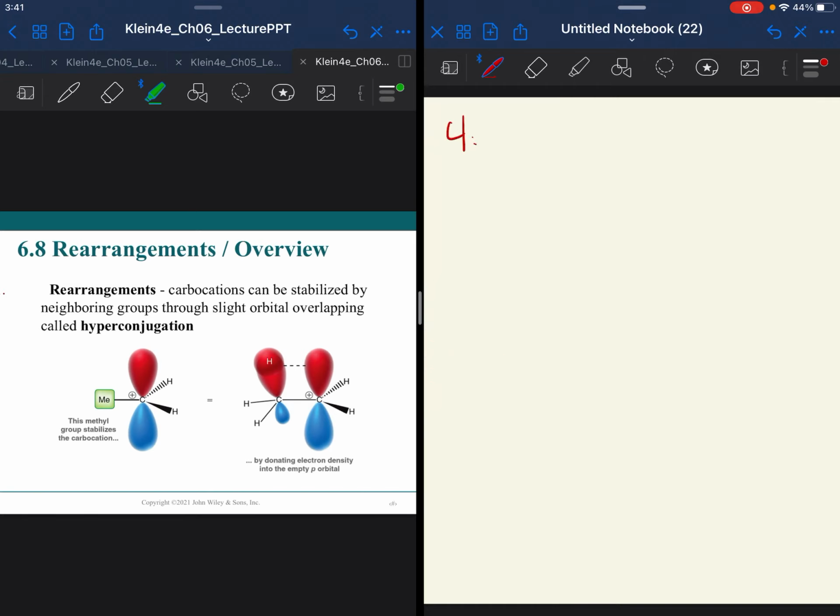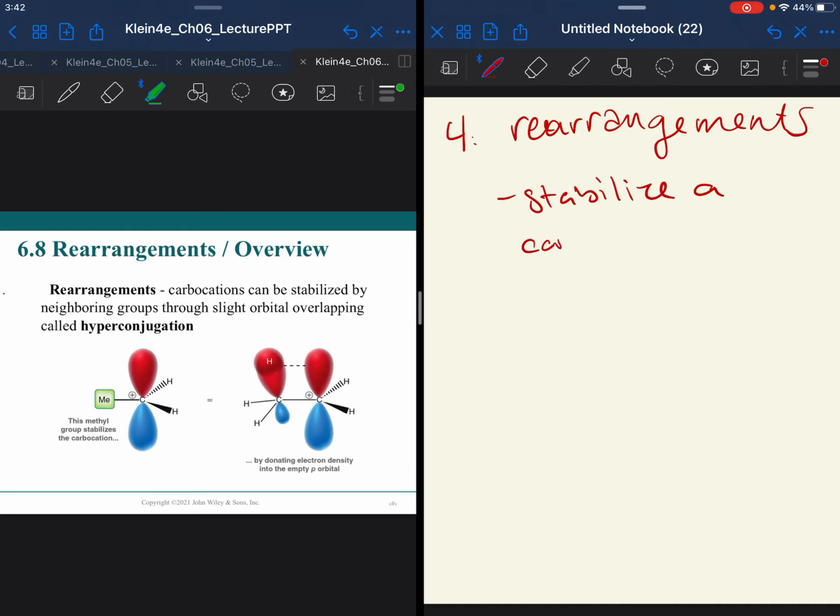And then the last group here is a rearrangement. We will see some rearrangements in Chapter 7. A rearrangement is typically going to happen to help stabilize a carbocation, so a carbon with a plus charge.